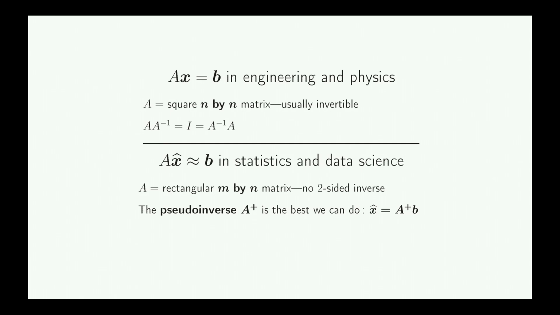For square matrices, where you have maybe 12 equations in 12 unknowns, m and n, the row count and the column count are the same. Those are normal in physics and engineering. You're trying to find the stress on a structure. There you have a square matrix that's usually invertible.